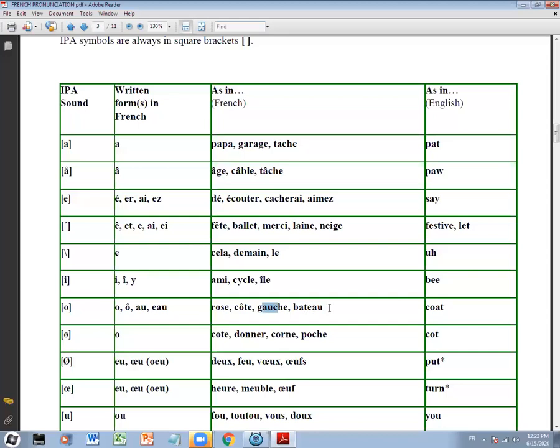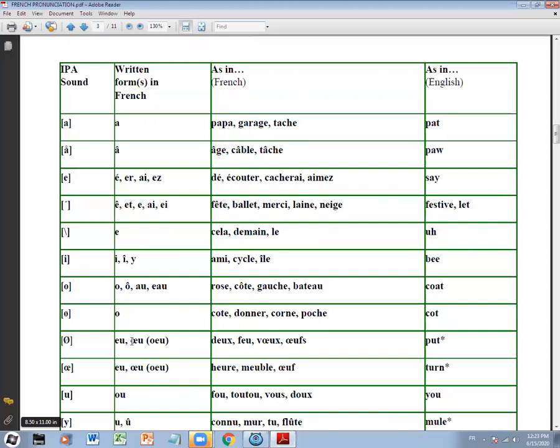EAU, remember I told you it produces the sound O. So we say bateau. Next, the same O again, we say côte, donner, corner, poche. Again, the compound vowel AU, and then we say de, fo, vo, off.